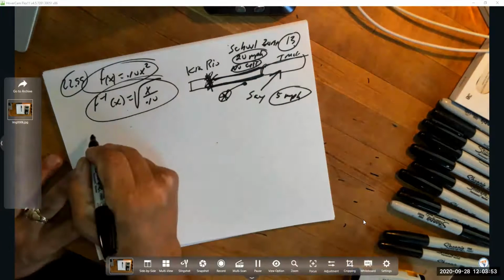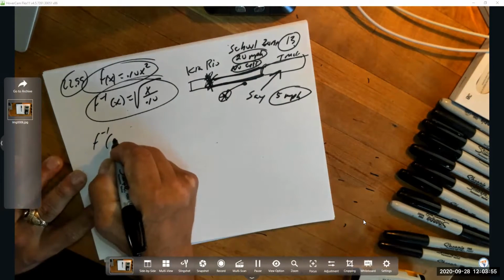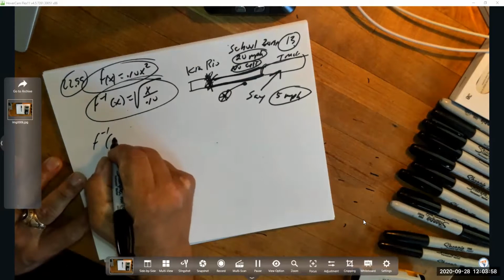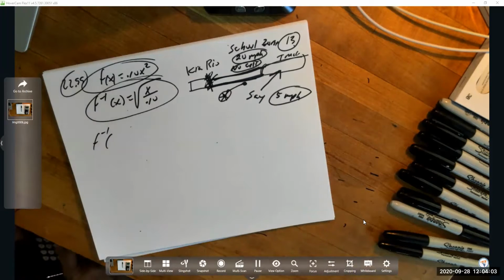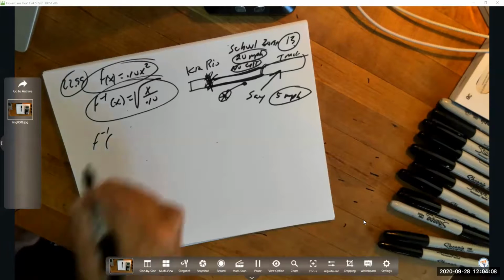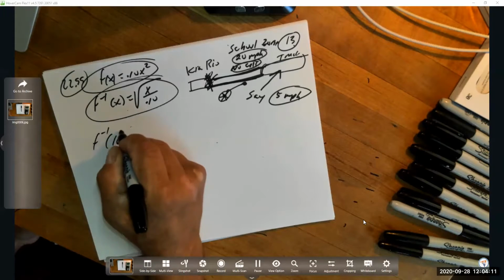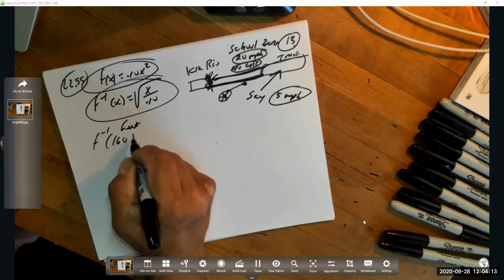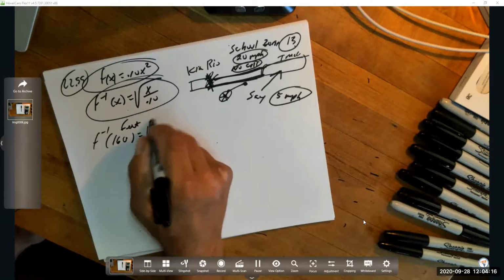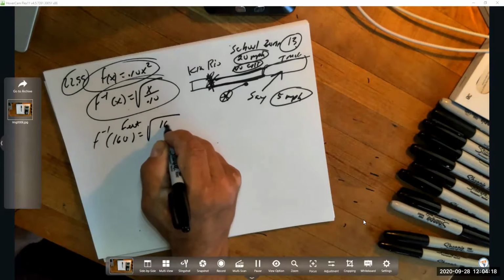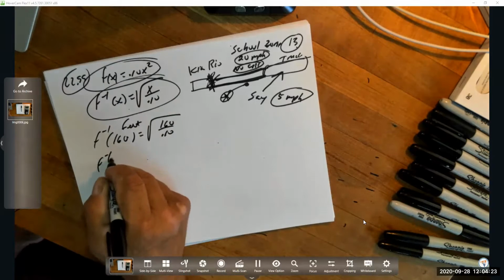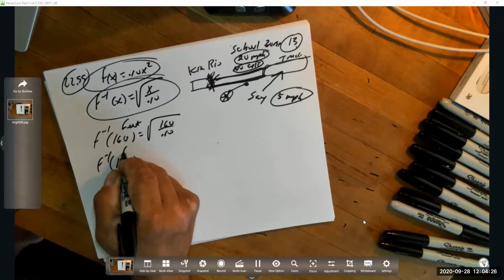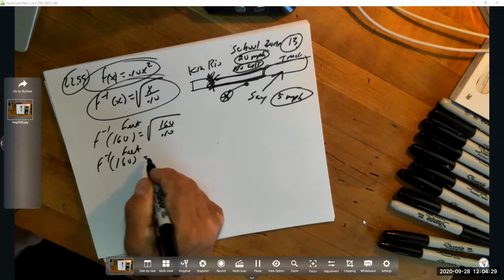Let's say there's 160 feet of marks on the street. So we have 160 divided by 0.10. What's 160 divided by 0.10?